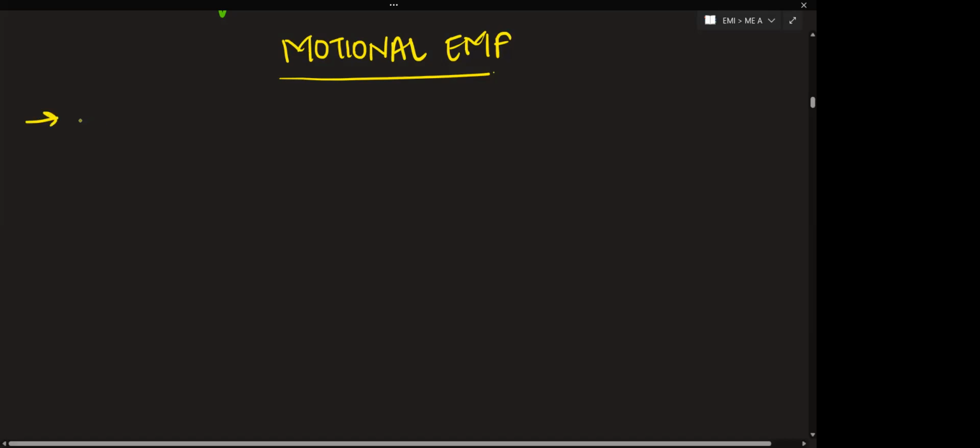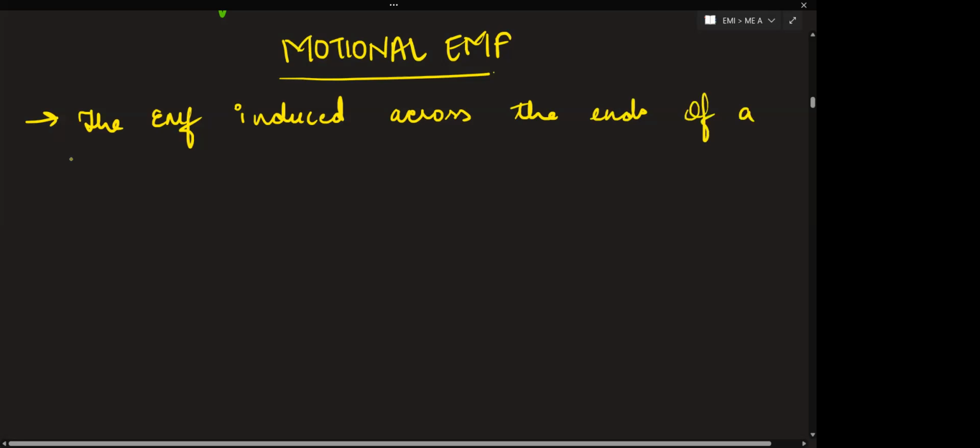Motional EMF is the EMF induced across the ends of a conductor due to its motion.